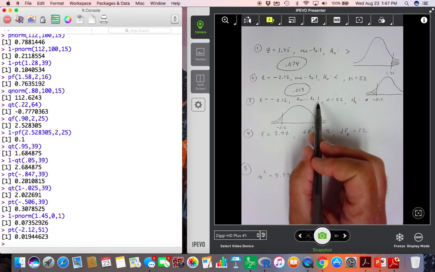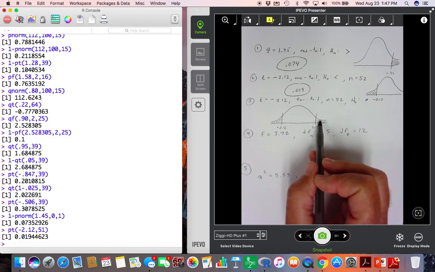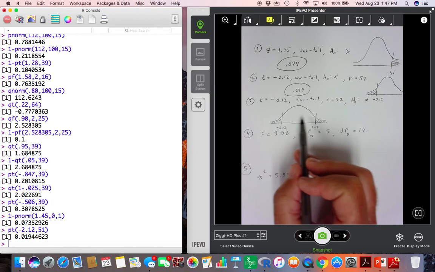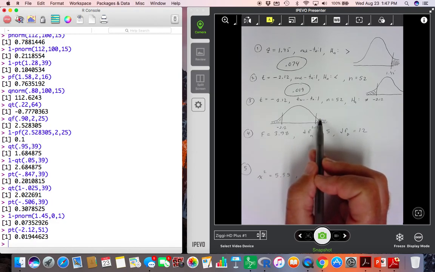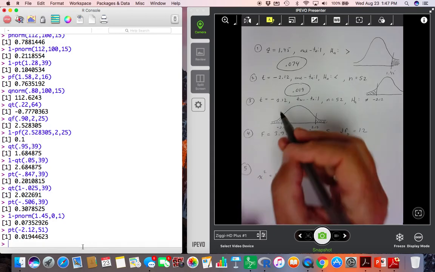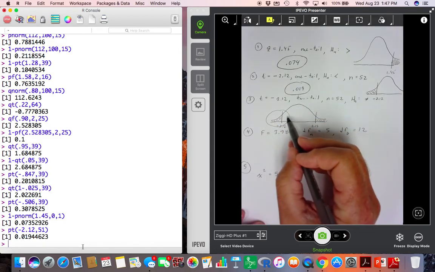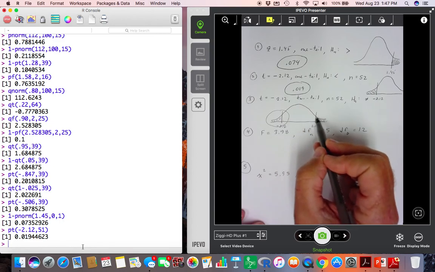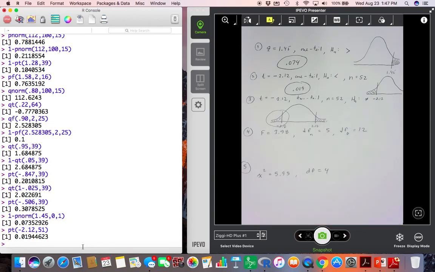We split our alpha level in half and put half in each tail. So when we calculate our p-value, we have to multiply by 2 to accommodate splitting the alpha value. I'll find this area, and because of symmetry, I know this area is the same as this area, so I'll just multiply by 2.